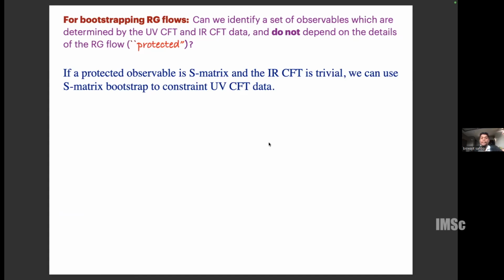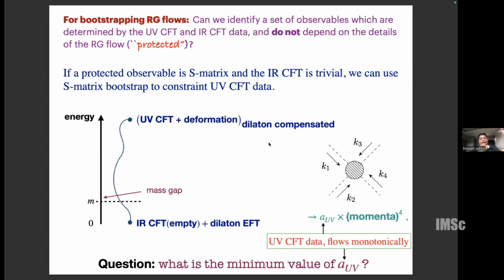Those we will call the protected observables. And if those protected observables are the S matrices, in such cases where suppose the IR CFT is trivial, that is the quantum field theory is gapped, so the IR CFT is empty, we can use those S matrices to bootstrap and put constraints on the possible spaces of UV CFT. And this is the philosophy which I will follow.